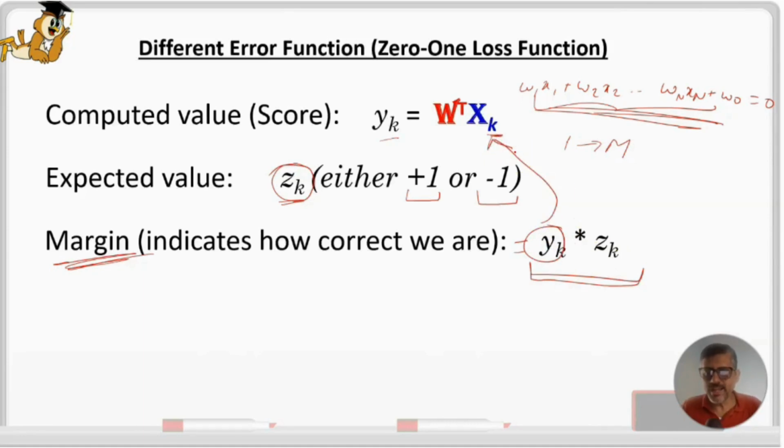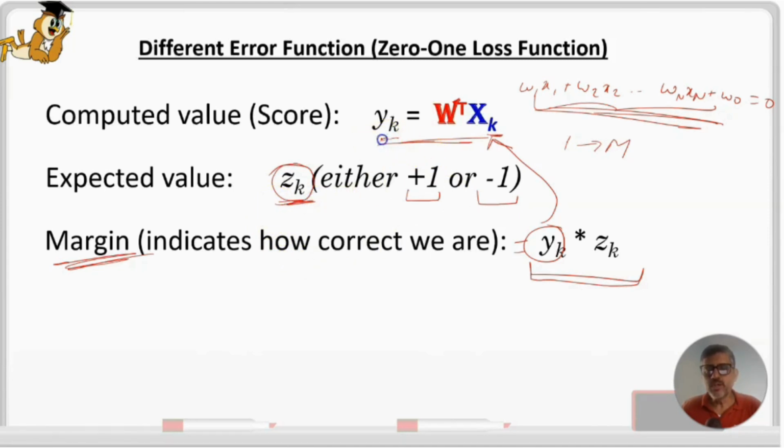So what does yk multiplied by zk really indicate, and why is it an indicator of how correct we are? Let's understand that. Yk is what you computed. Zk is the expected thing, right?